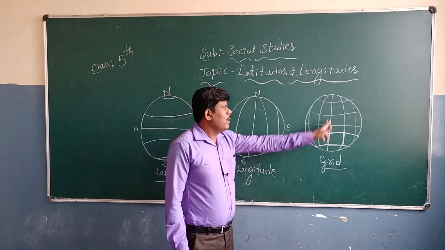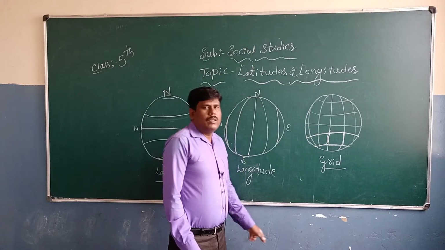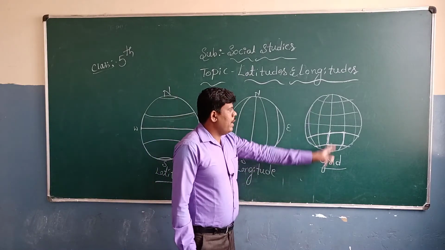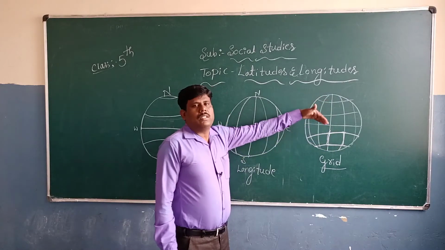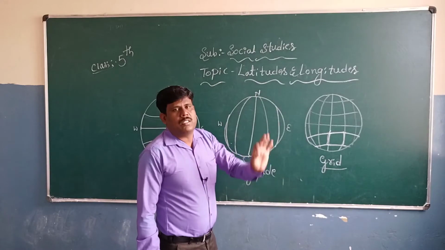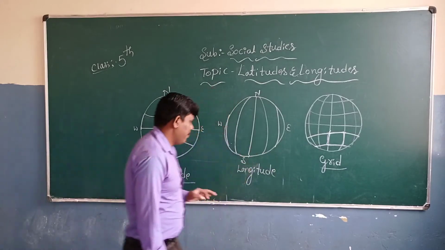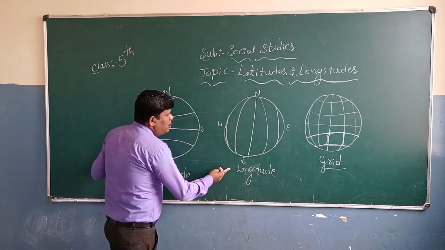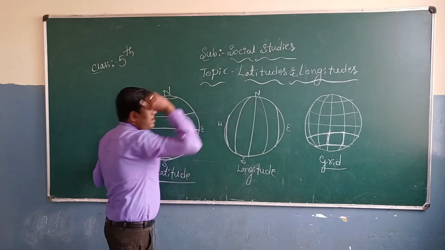Longitudes cross the equator at right angles. This system is known as the grid system. So this is latitude, longitude, and the grid system.